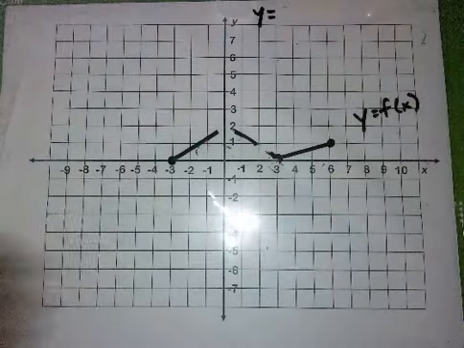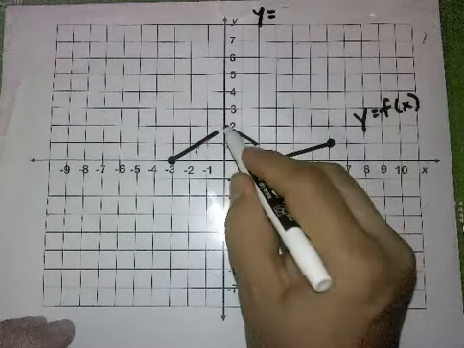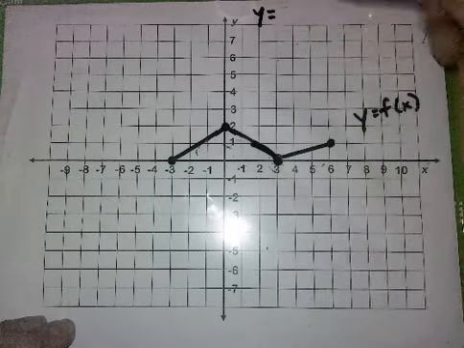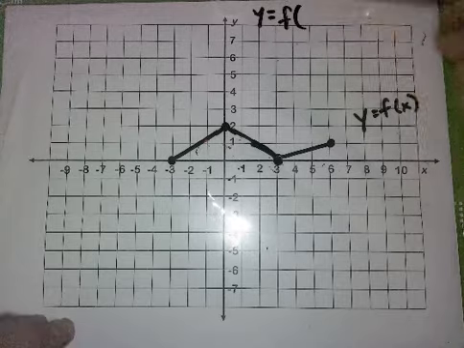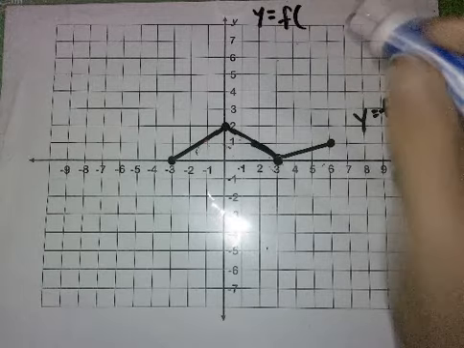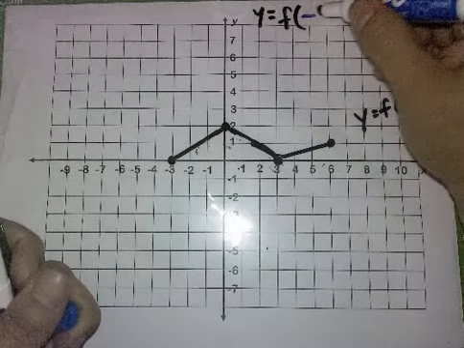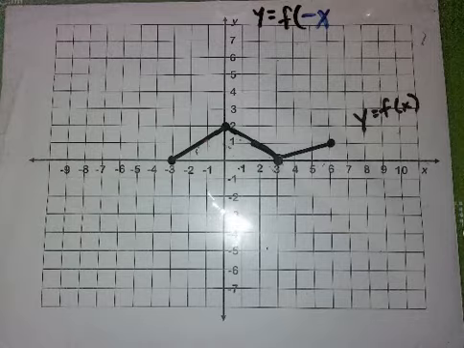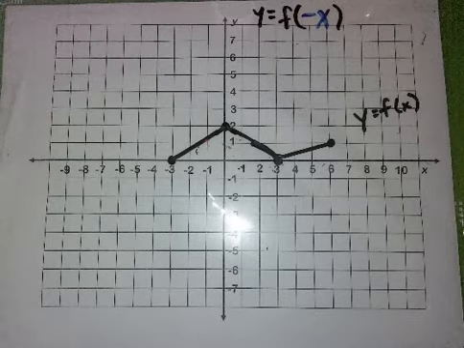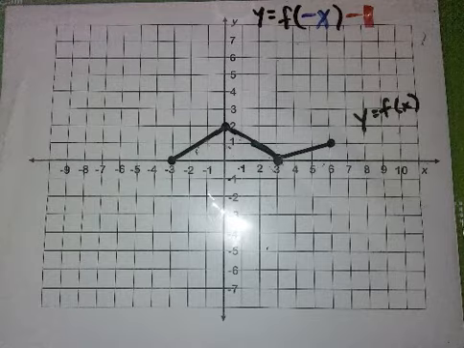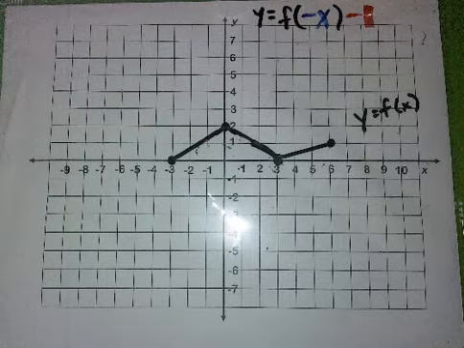But instead, let's do this example as y equals f of negative x minus 1. So we're going to try to figure out, what does this negative inside the parentheses do?